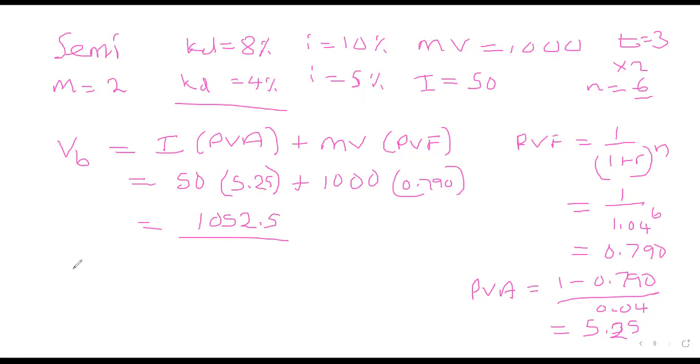Awesome. Now, there's what we call the current yield. The current yield is given by the coupon value over the value of the bond times 100. So for this bond, it is 50 divided by 1052.5 times 100.